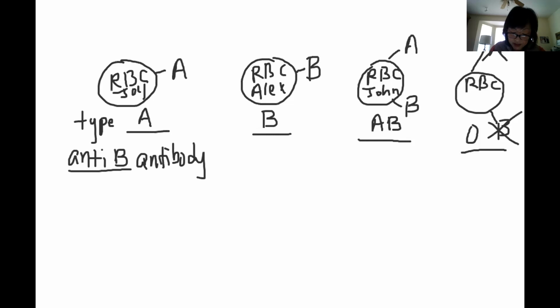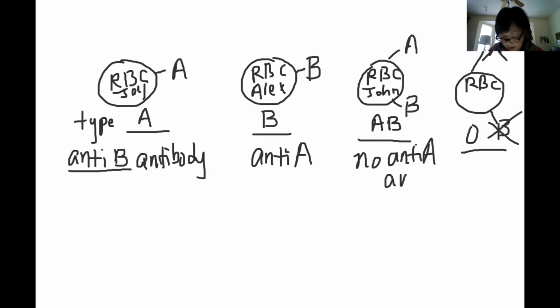If you have type B blood, then you have anti-A antibody in your blood plasma. If you have type AB blood, then you have no anti-A or anti-B antibodies. You don't have either one. If you have type O blood, then you have both anti-A and anti-B antibodies.